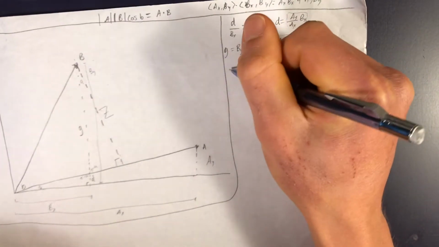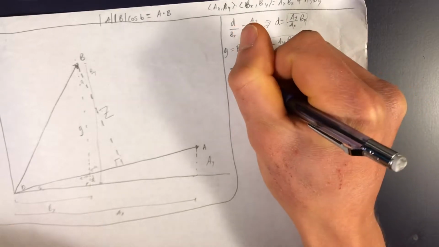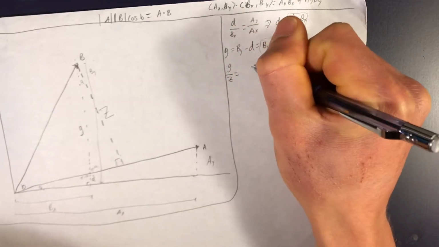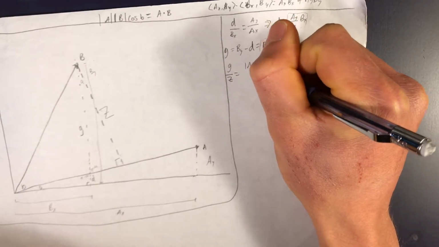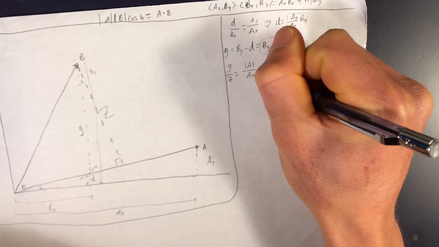So G over Z is equal to the absolute value of A over AX.